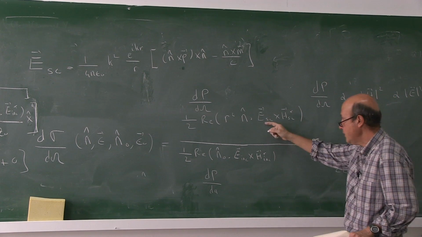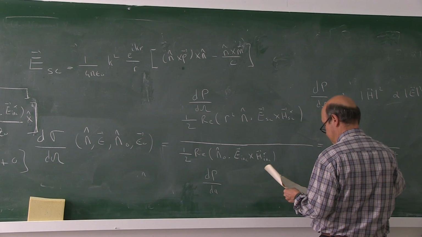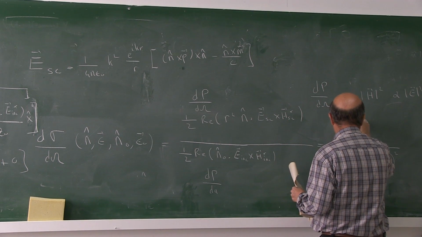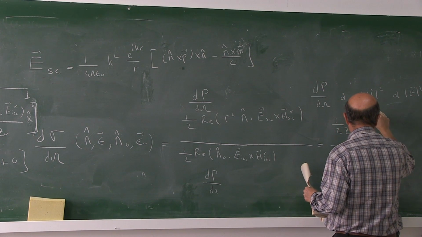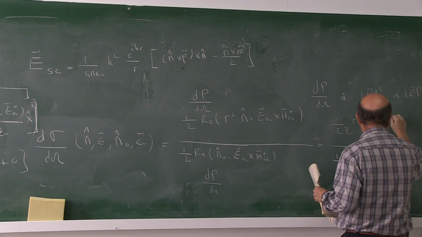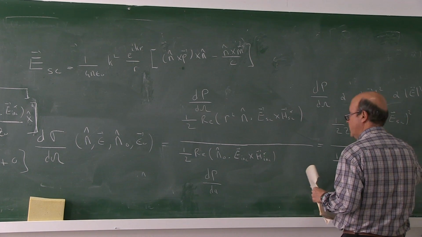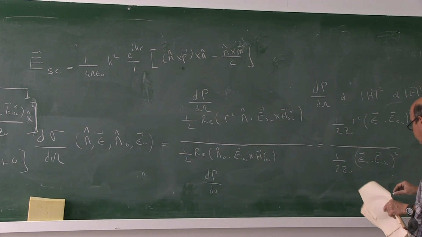And if you do the same algebra as above, you will obtain 1 over 2 Z0 R squared. The square, in that case, you will take the scattered field and projection to the polarization after the scattering.